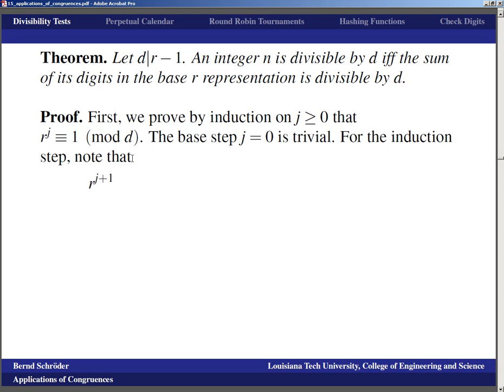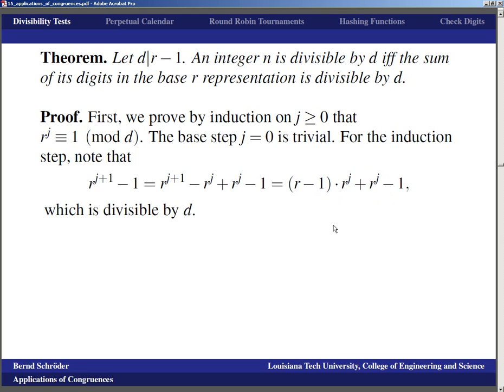And for the induction step, we realize that r to the j plus 1 minus 1 is r to the j plus 1 minus r to the j plus r to the j minus 1, which is r minus 1 times r to the j plus r to the j minus 1. And now we know that r to the j minus 1 is equal to 0 modulo d, and we know that r minus 1 is equal to 0 modulo d, so that is divisible by d.